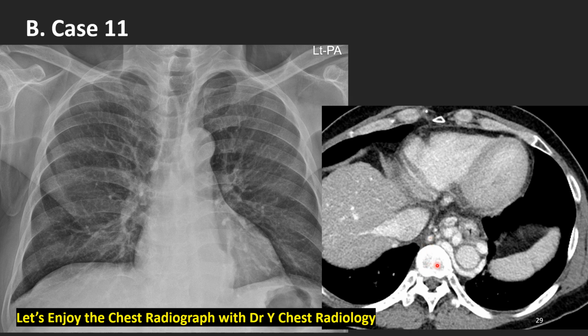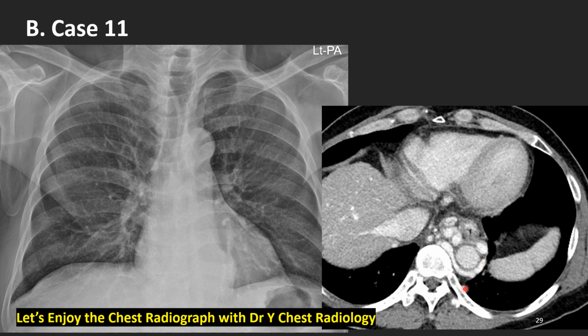This axial CT image explains everything about the chest radiographic findings. This is para-esophageal varix, encircling the distal descending thoracic aorta on the left side, not on the right side. Yes, these are all varix veins. That's why the aortic line was obliterated.